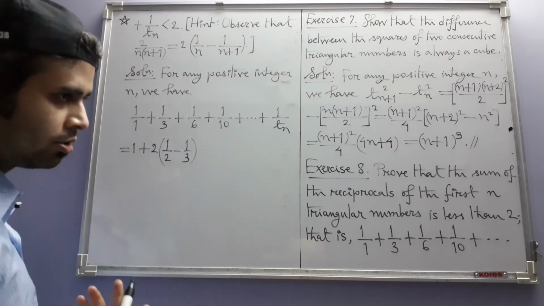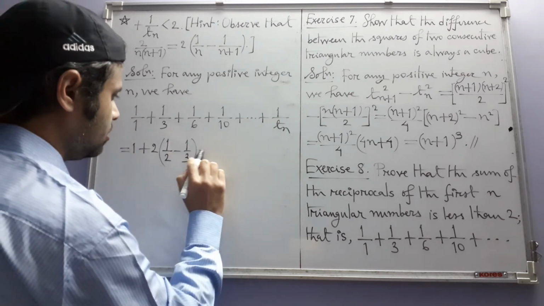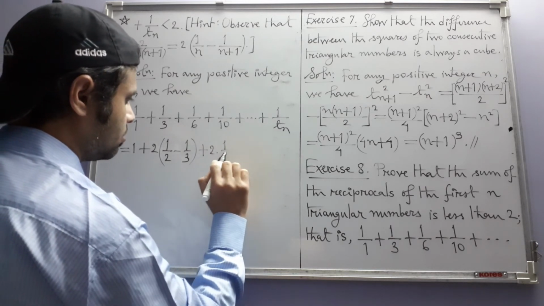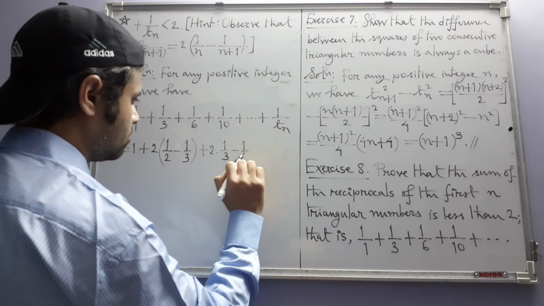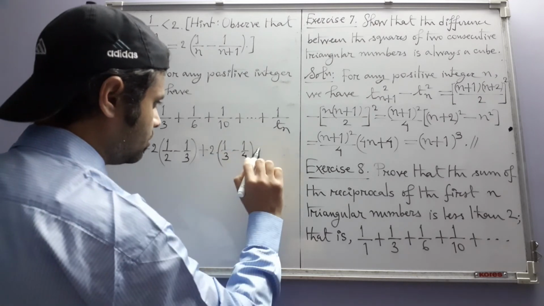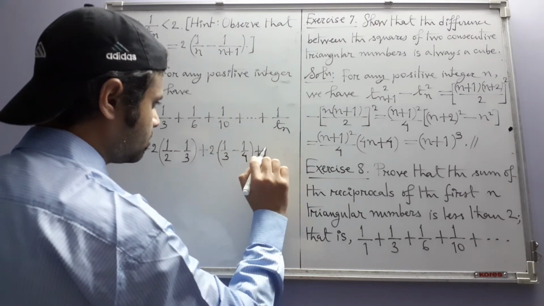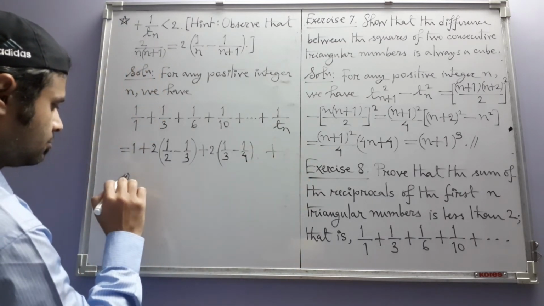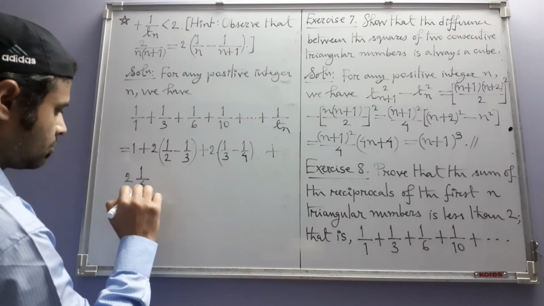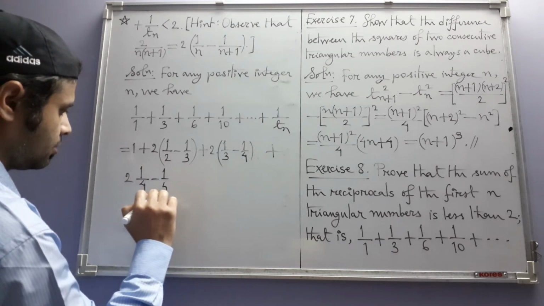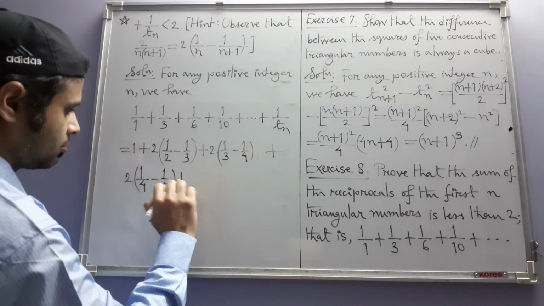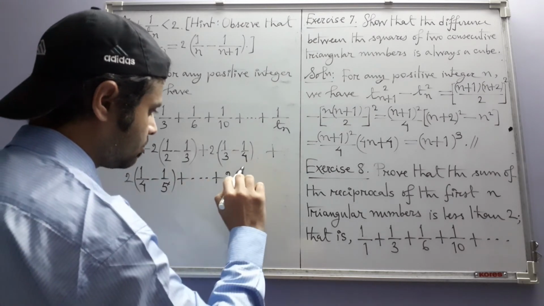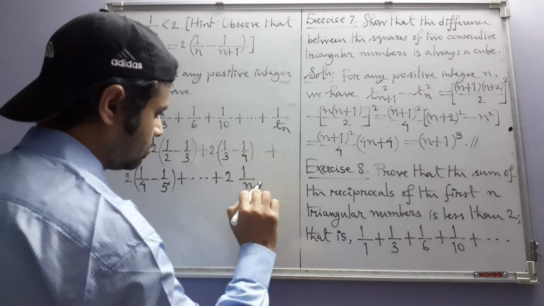So 2 divided by 6, which is 1 by 3, plus 2 times 1 over 3 minus 1 over 4, plus 2 times 1 over 4 minus 1 over 5. Like that, the last one is this.